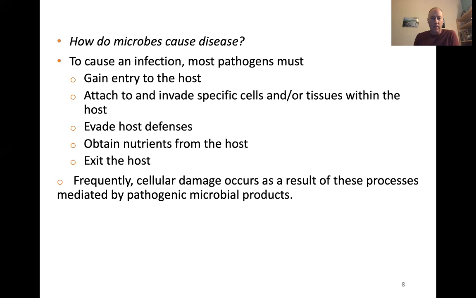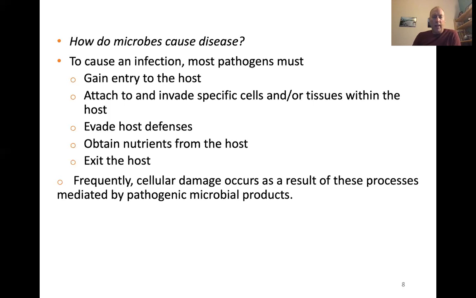Once they're there, of course, they want to start growing. They want to obtain nutrients from the host, but in order to do that, they have to be able to evade the host defenses. Pretty much all aspects of our body have strategies for protecting themselves from microbes, from physical and chemical defenses that we'll get to early next week, to immunological defenses.